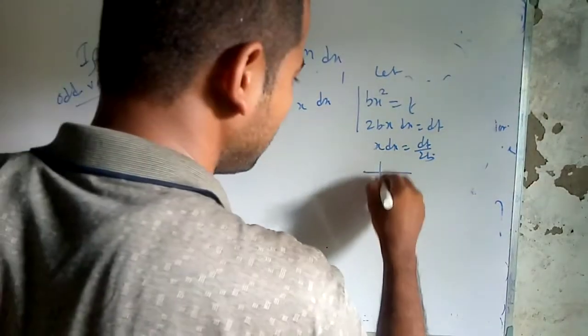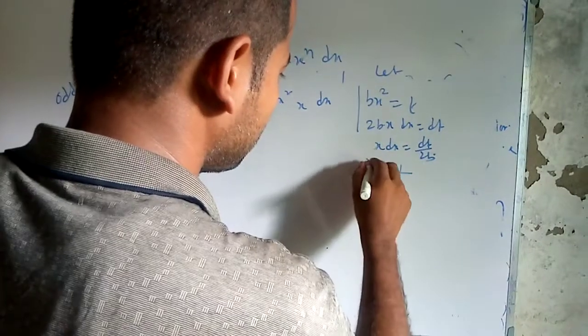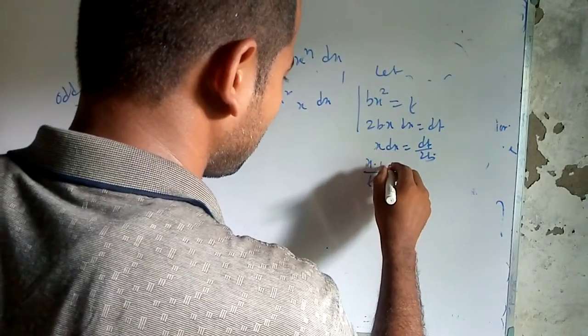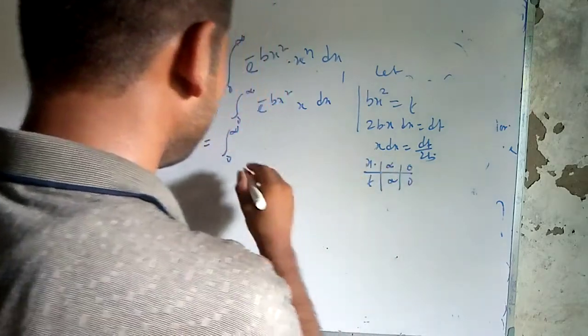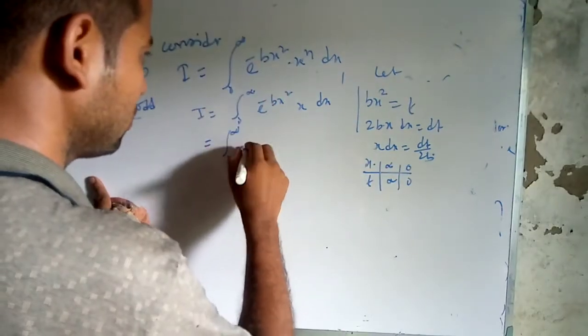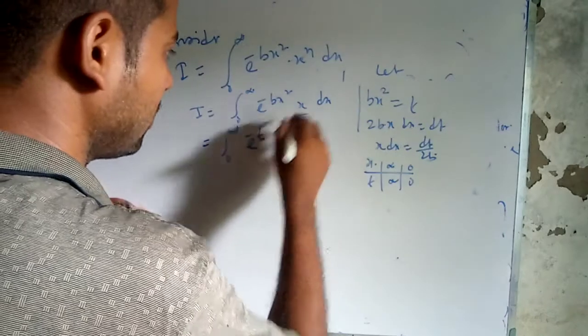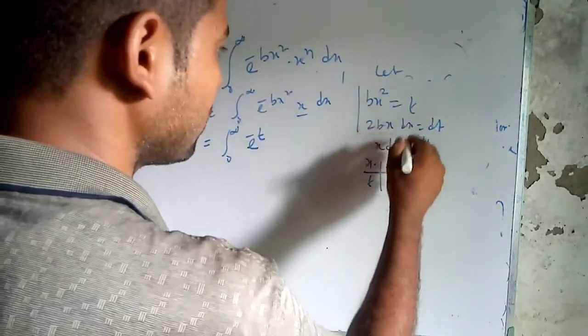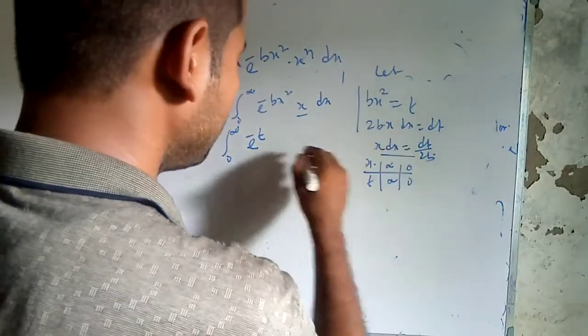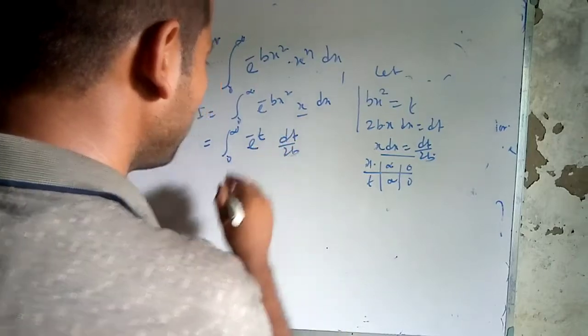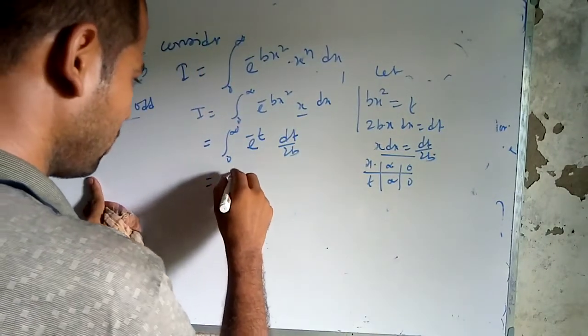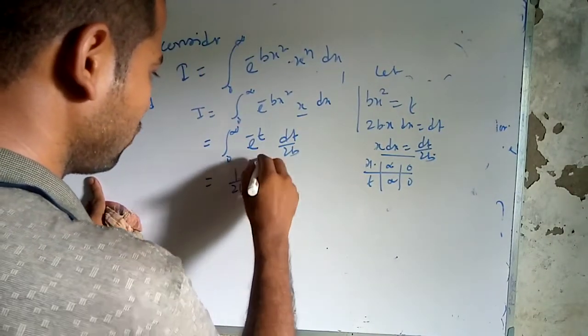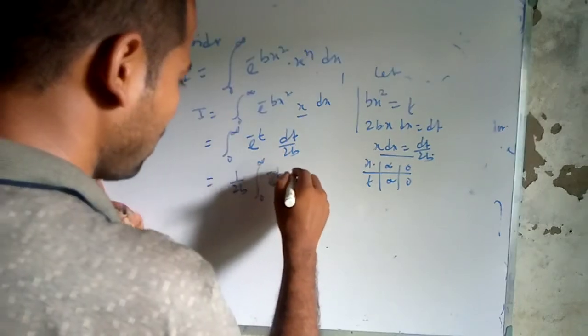Here 2b is a constant value, so this becomes the integral from 0 to infinity of e to the power minus t dt.